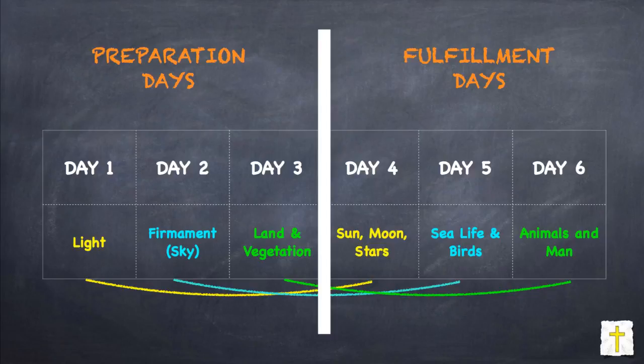Now on day 2, God made the oceans and the sky, but there was no life in them. But then on day 5, God filled them with life. And then on day 3, God prepared the land for man, who would later be created on day 6.